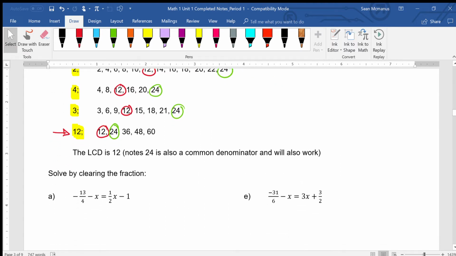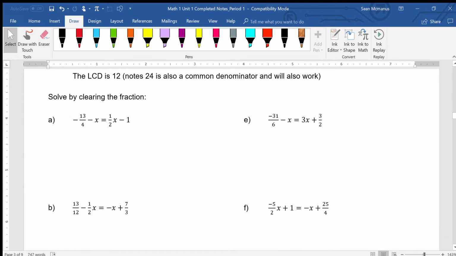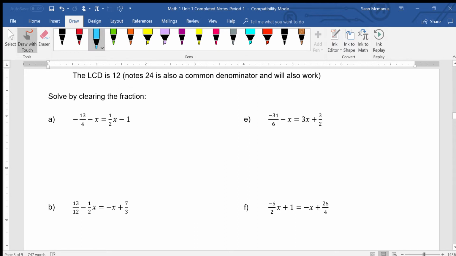I think rather than do that example like that, we're going to go ahead and do it here. So if I find my lowest common denominator for problem A, negative 13 over 4 minus x equals 1/2 x minus 1. Remember, if there's nothing listed as a fraction, that means it's really over 1. So here my denominators are 4, 1, 2, and 1.